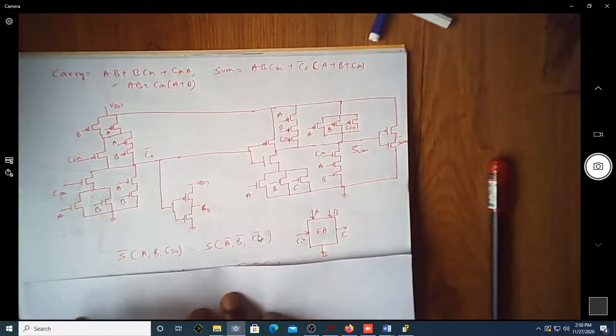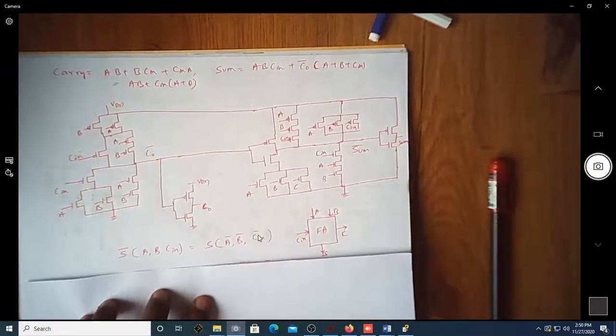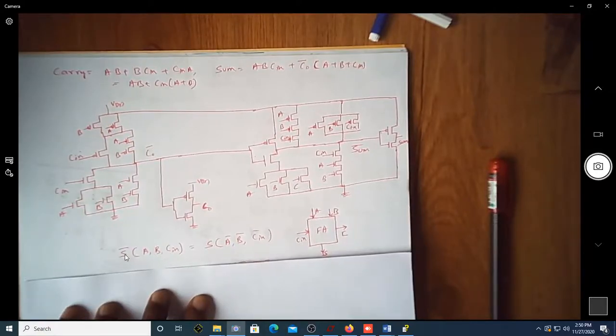So what I want to say here is, if you want to get sum bar, instead of getting sum from this and then complementing it, you can get the sum from A bar, B bar, C bar. That will be exactly equal to sum bar. So to get a sum bar using A, B, C in, I can get it using the sum of A bar, B bar and C in bar.